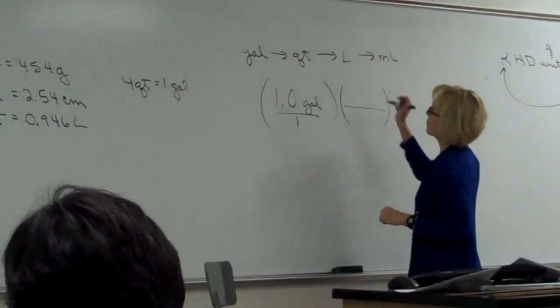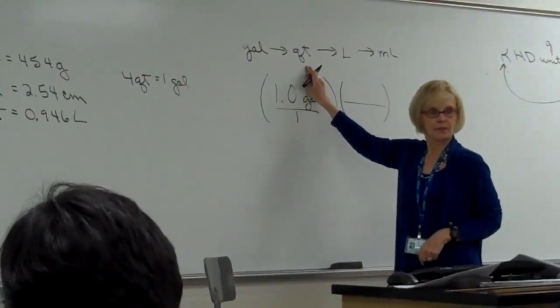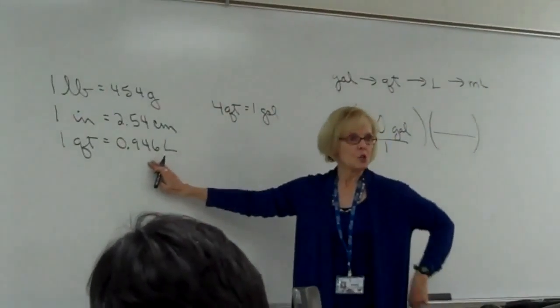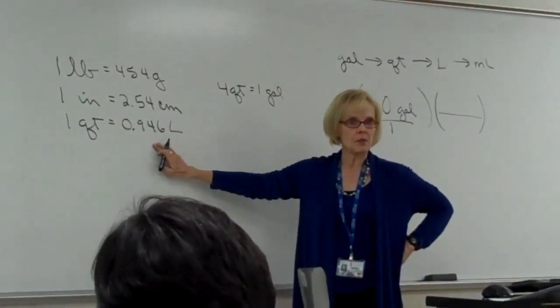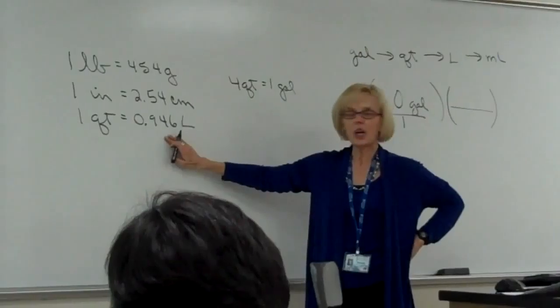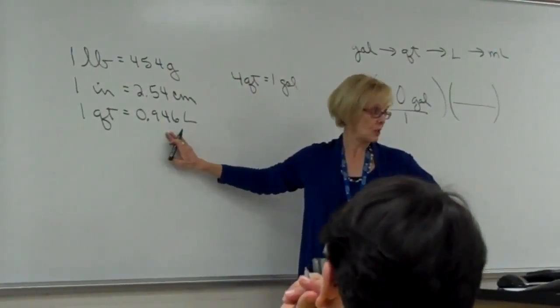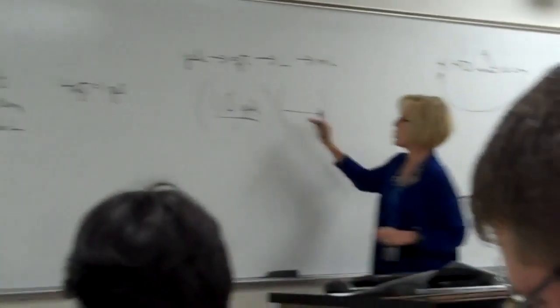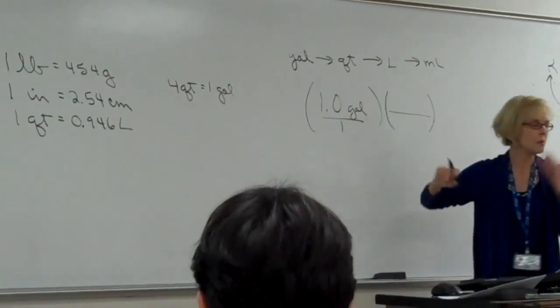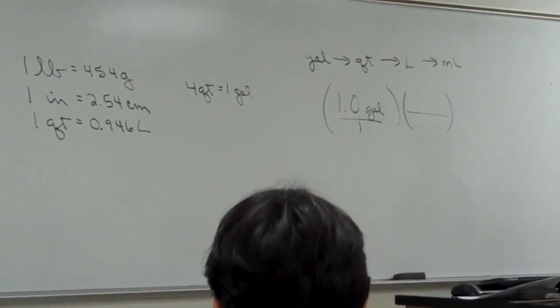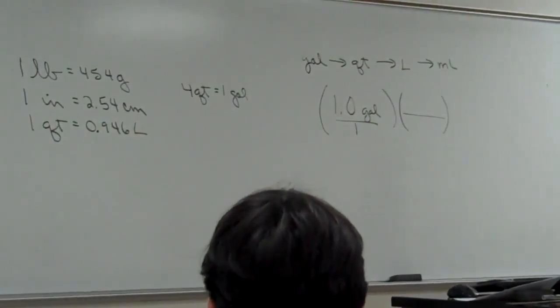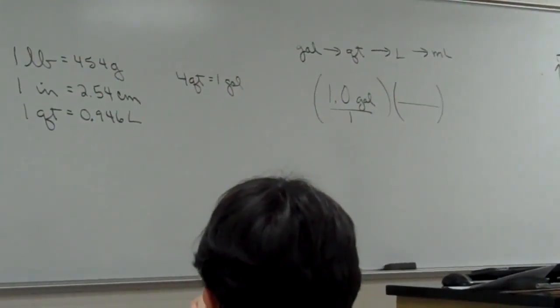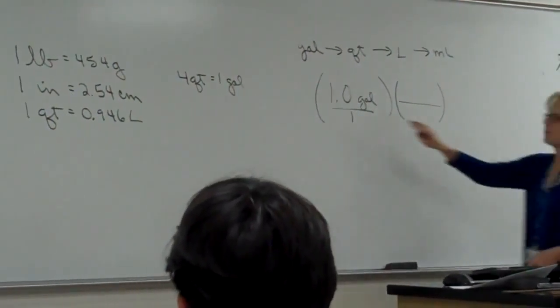Now, I need to get to quarts. Here's what I memorized. This is a statement of fact. We want to change that to a conversion factor. Okay? Cassandra, what should I do? Tell me what to write here to get us into, pardon me, I jumped a step ahead, haven't I? Yes. Okay, I got gallons, I want to go to quarts, so I pointed at the wrong one.